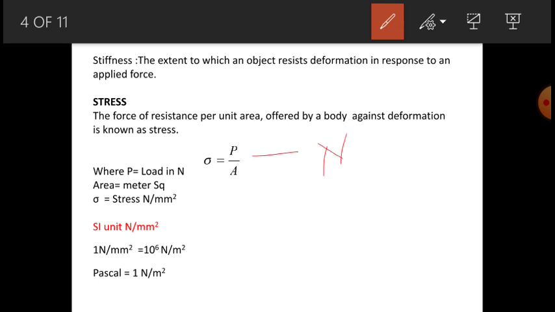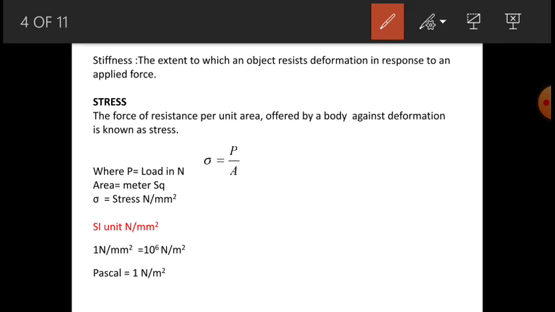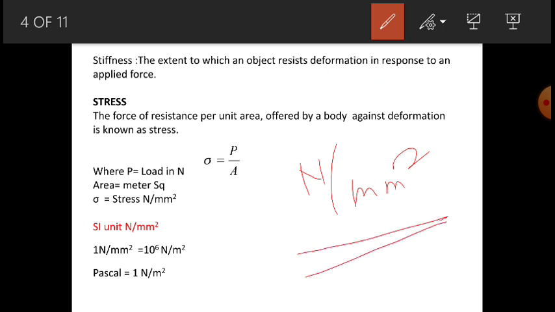It is Newton, and the SI unit for area is meter square. You can also write Newton per mm square, because the resisting area per unit is a smaller digit, so we take it as Newton per mm square.